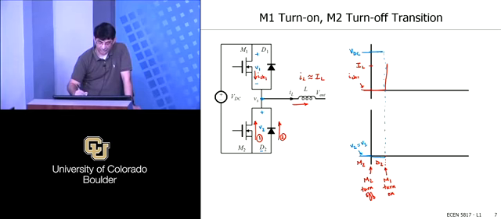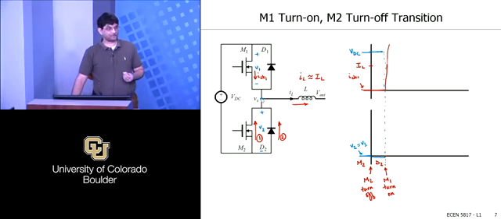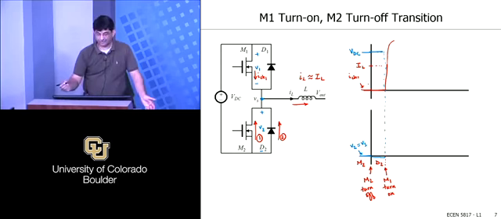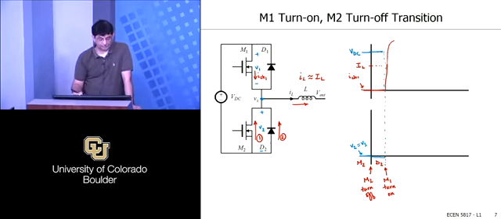It'll increase to a point which is really determined by the parasitics of the circuit, the exact properties of this diode, any other sort of parasitics associated with the devices, right? So it's going to go above this, and essentially it's going to keep going until the diode is able to recover, right?